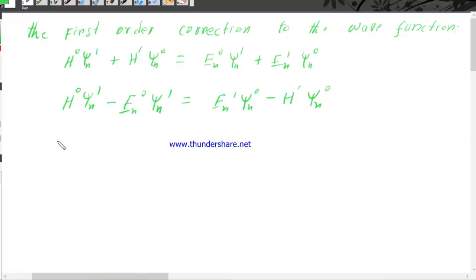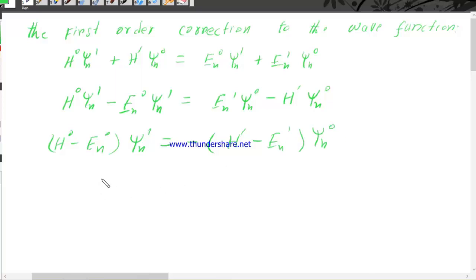Now we can take common (H0 minus En0) ψn1, which is equal to minus (H' minus En1) ψn0.